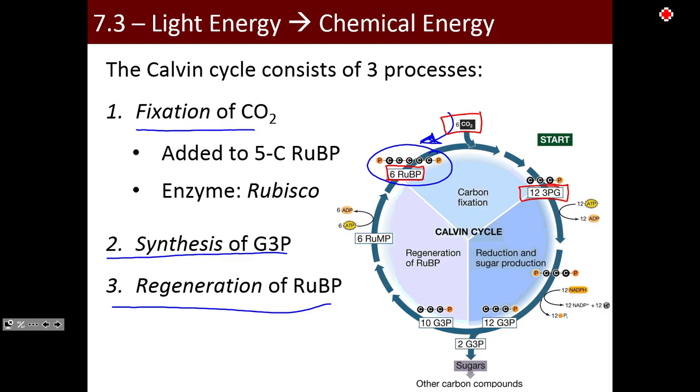We're going to proceed through to synthesis of G3P and regeneration of RUBP as our starting point. I said I don't care about intermediates and all the enzymes that catalyze things, but I will mention Rubisco. The addition of this carbon dioxide to RUBP relies on Rubisco, which is the enzyme that catalyzes this reaction.